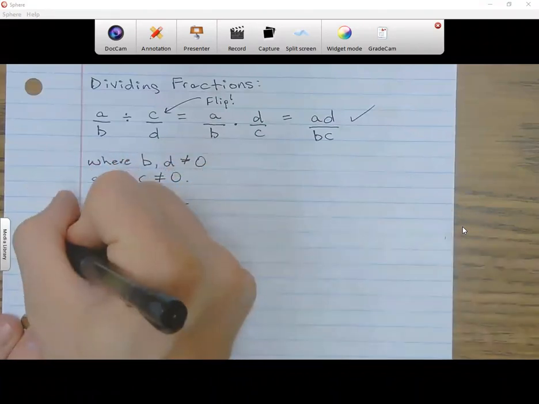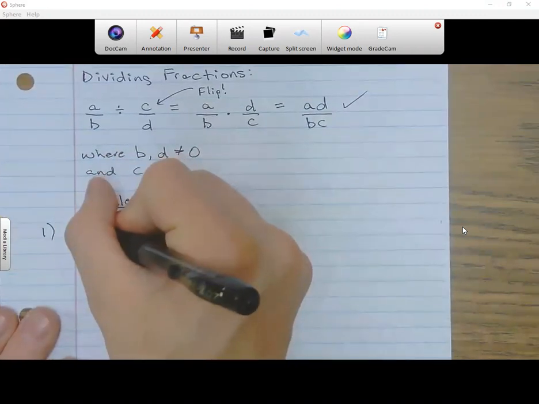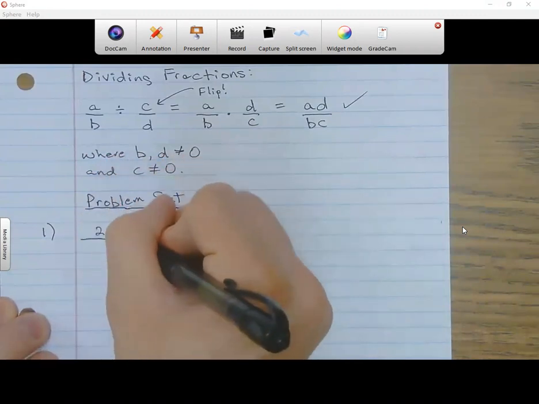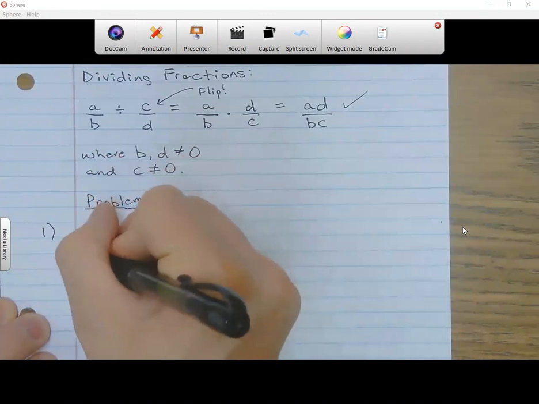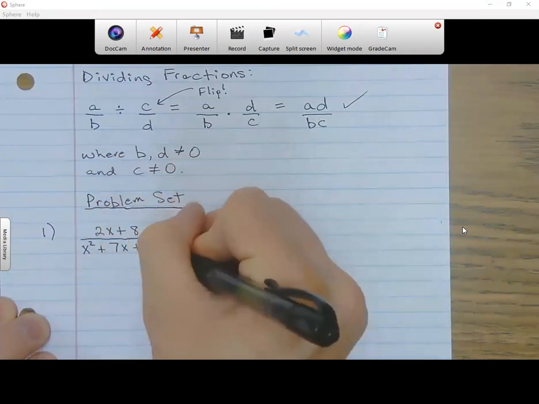Okay, number one. Number one says 2x plus 8, and that's going to be over x squared plus 7x plus 12.